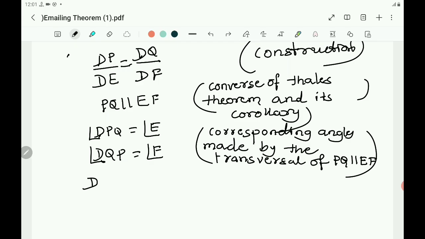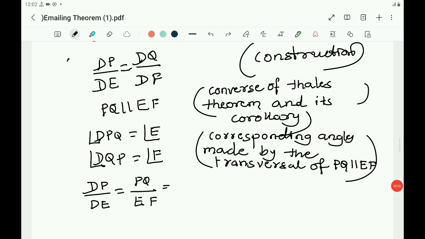What is the reason? Reason is, as PQ is parallel to EF, you can use the corollary of the Thales theorem, right? Corollary of BPT or corollary of Thales theorem.